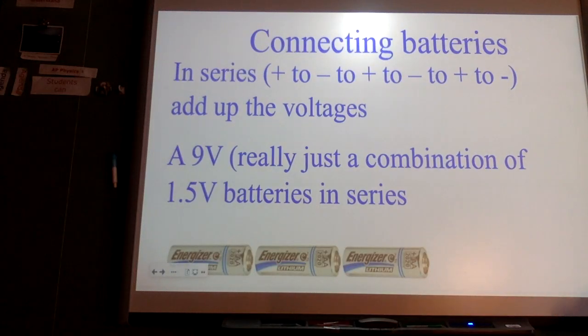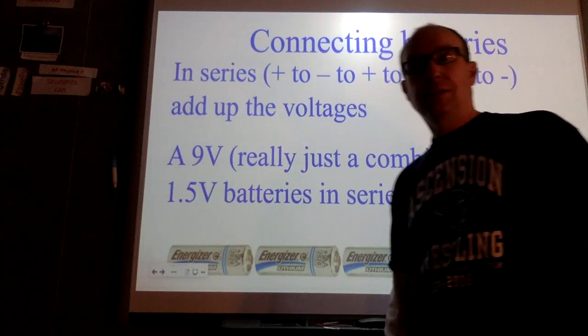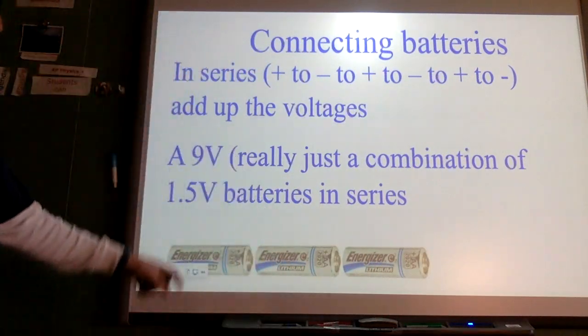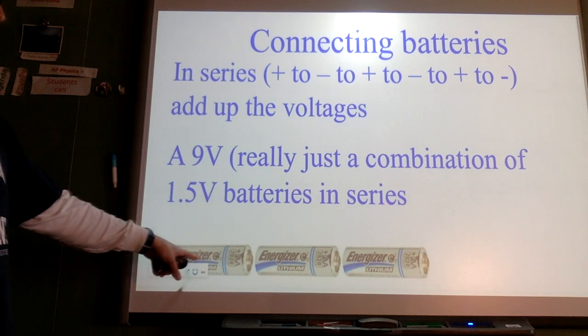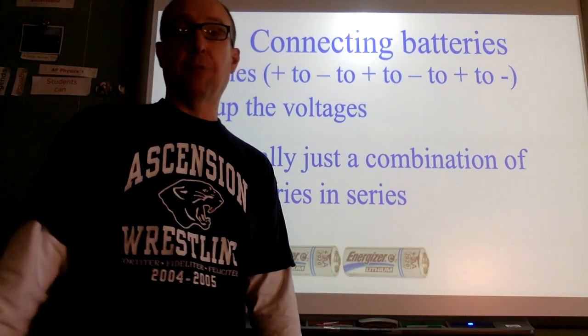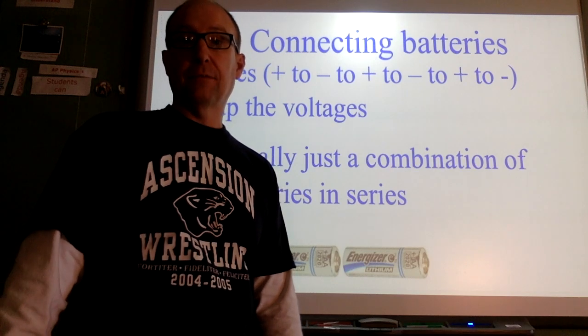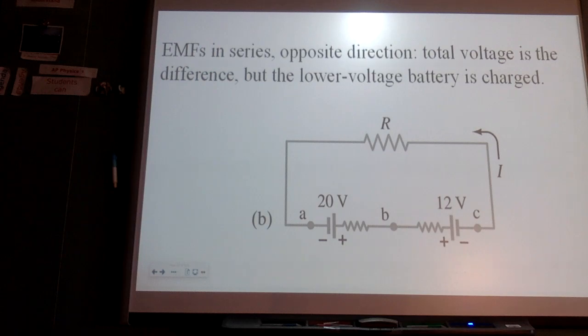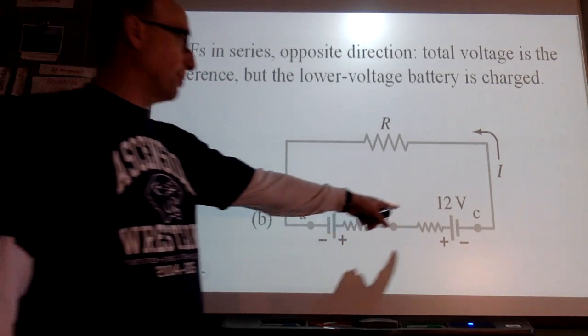We can connect batteries end to end. When we do, we just add the voltage together. So each one of these is 1.5. So if I put them in series like this, I have 1.5 plus 1.5 plus 1.5, or 4.5. If you put batteries opposed to each other, the bigger battery will overpower the smaller one.